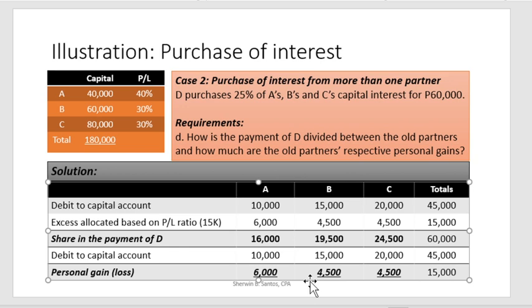So 15,000 multiplied by 40% is 6,000 for A, then 30% for B, which is 15,000 times 0.3 is 4,500, ganun din kay C. So, yun lang yung tinatanong sa item D. So, how is the payment of D divided between the old partners, and how much are the old partners' respective personal gains? The respective personal gains of A is 6,000, B is 4,500, C is 4,500.